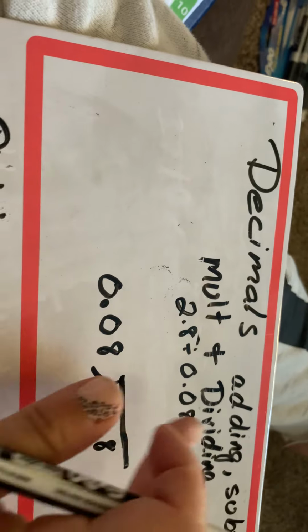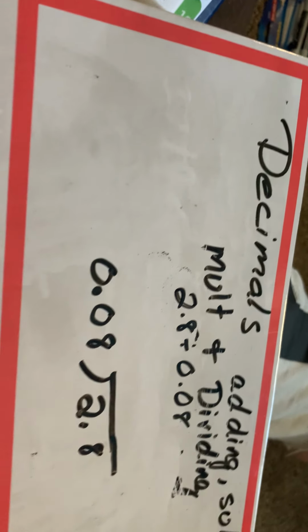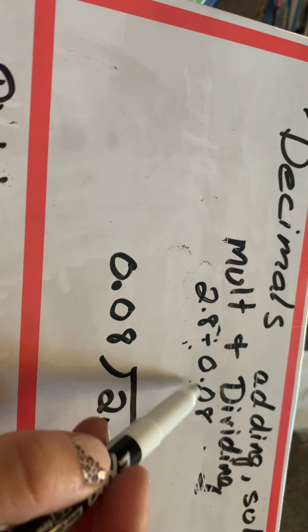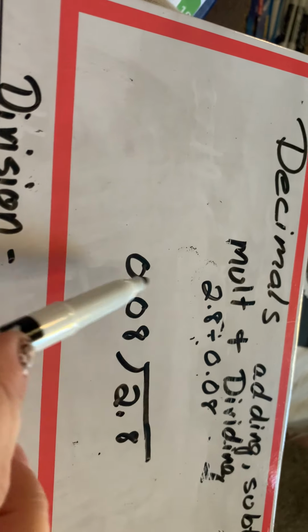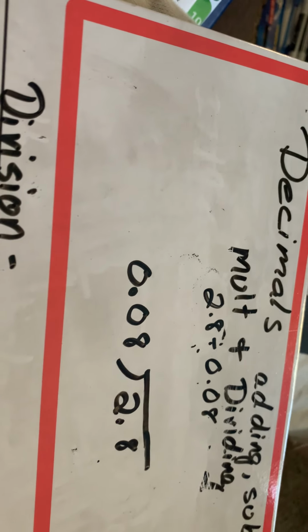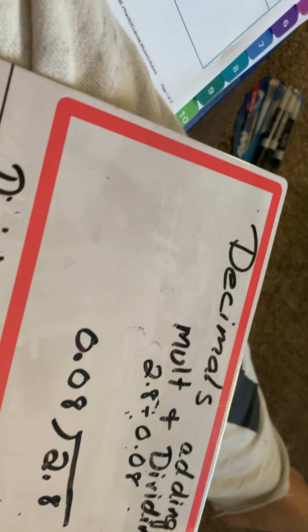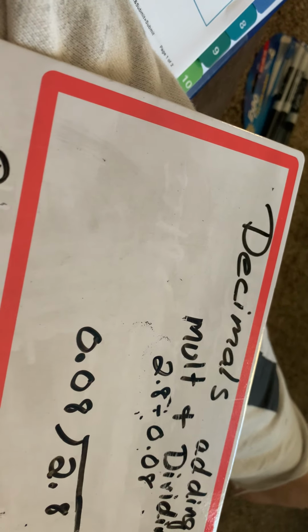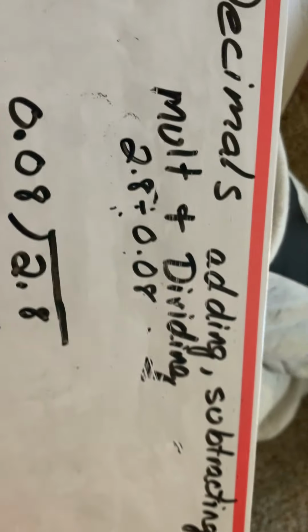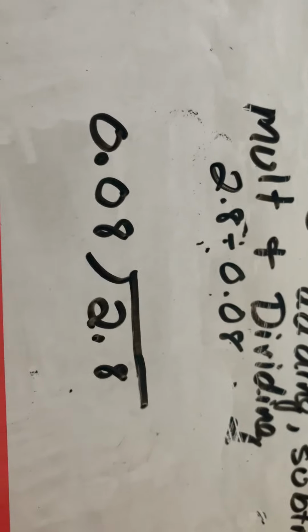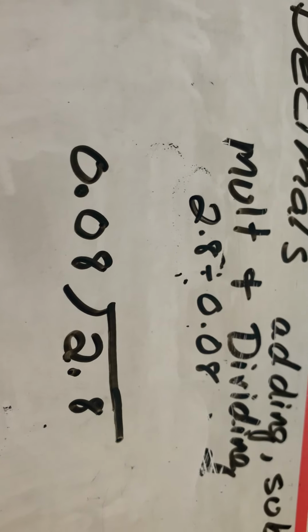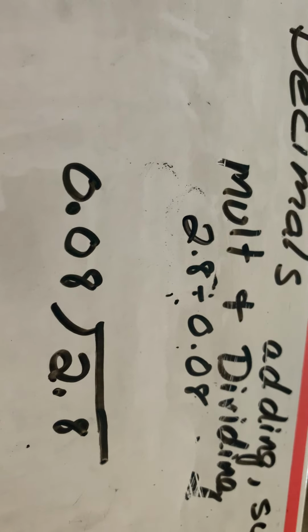And there is no difference between these two problems. 2 8/10 divided by 8/100. It's just written a different way. Okay? So, here's how it works.